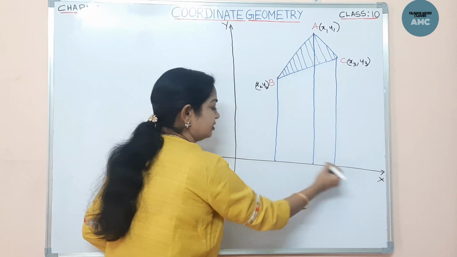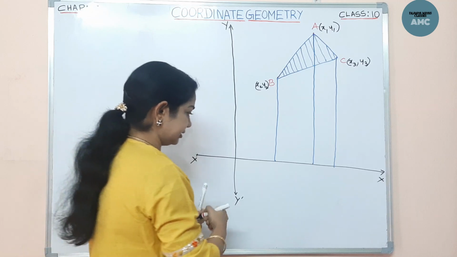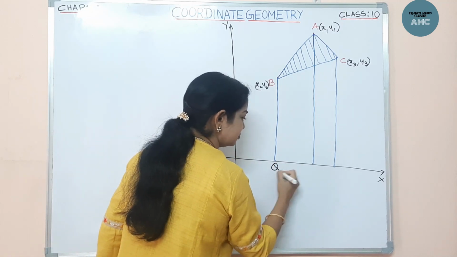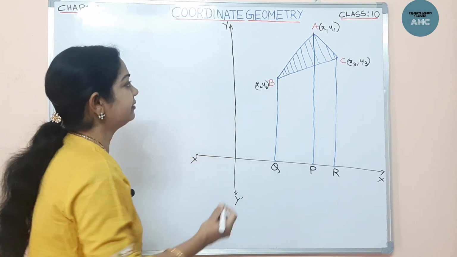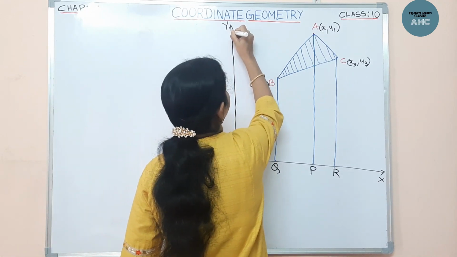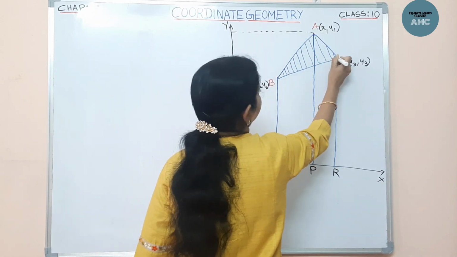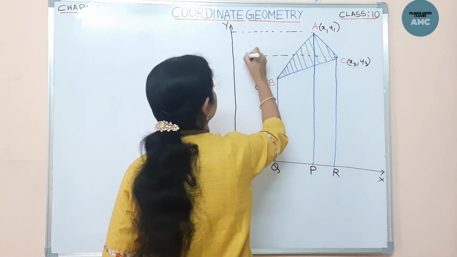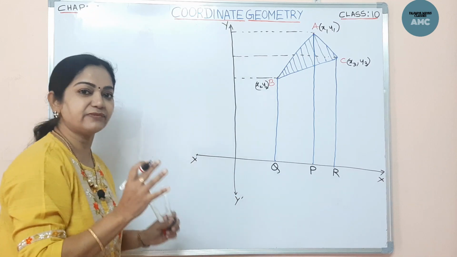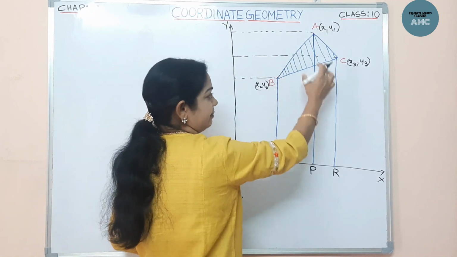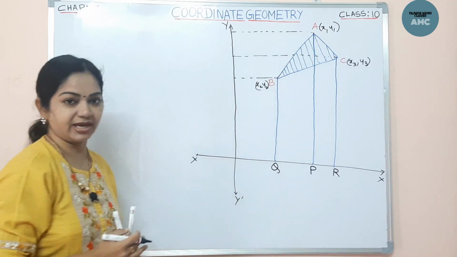Let me drop 3 perpendiculars from A, B and C, so that, let us suppose, these are P, Q, R. In a similar way, let us drop the perpendiculars to the y-axis also, from C and from B. What I have done is just dropped the perpendiculars from A, B, C to the x-axis as well as to the y-axis.